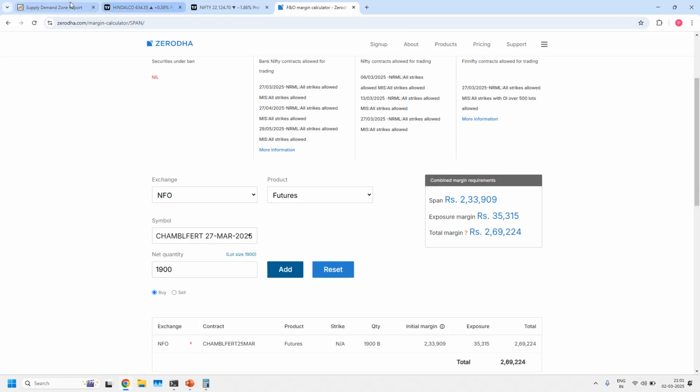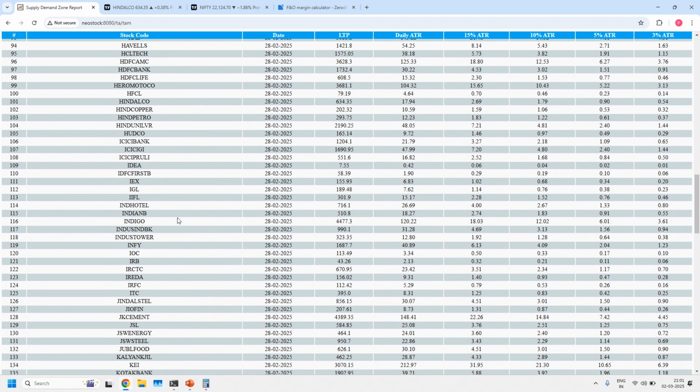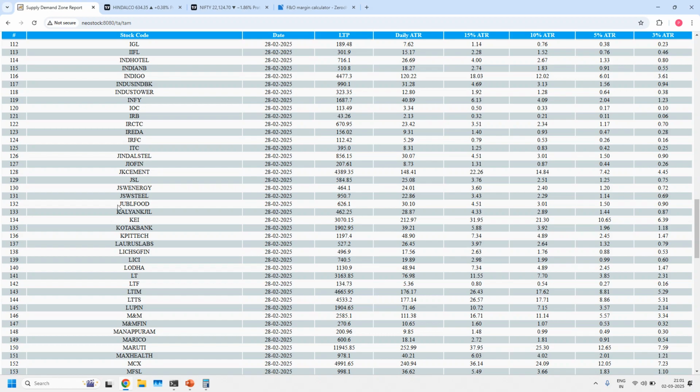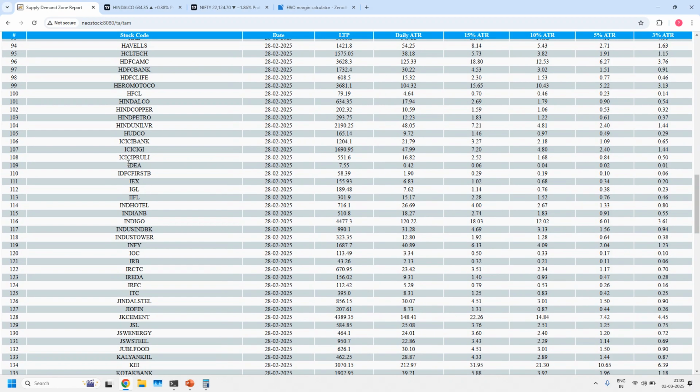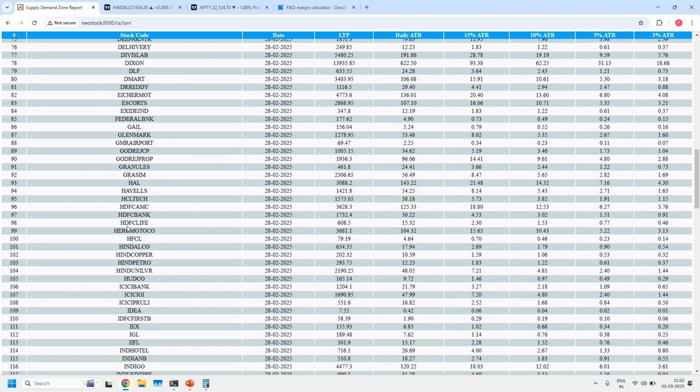Where? I think, yeah, Hindalco. Hindalco here. Hindalco 75 minutes, this is a 10% ATR, 1.80. 1.79 means rounded value 1.80.